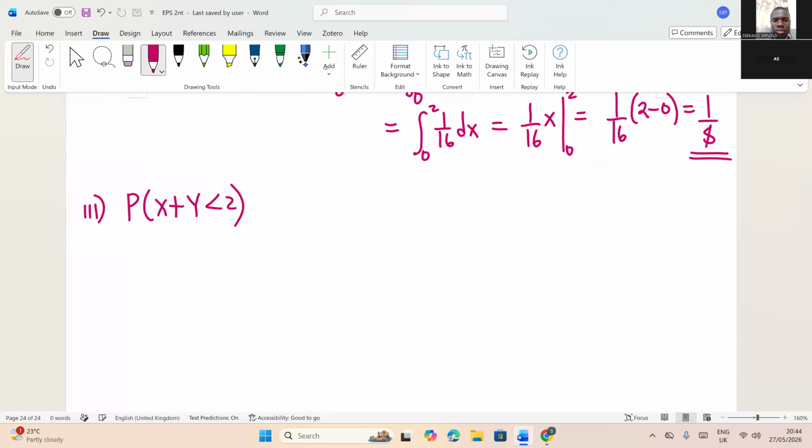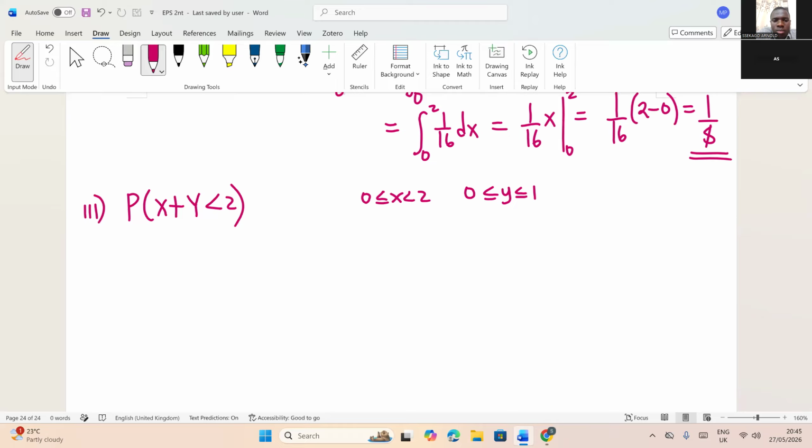Now let me first explain this, but still it is obvious. What did I have previously? Previously, I was having 0 less or equal to x less than 2, and 0 less or equal to y less or equal to 1. I must now change one of the two.